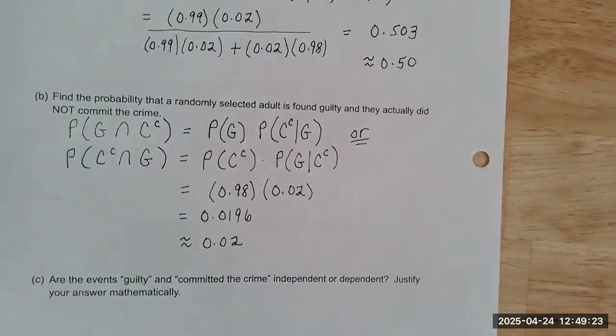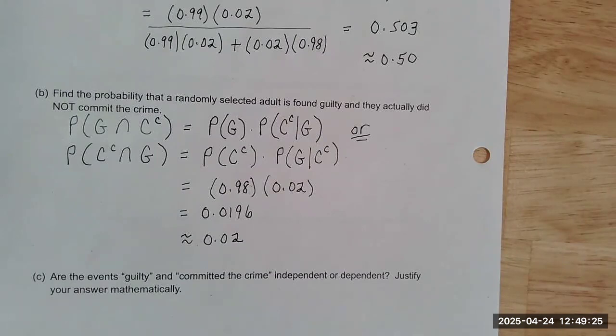So the probability that a randomly selected adult is found guilty and they actually did not commit the crime is about 2%. Not great. Not terrible, but not great.